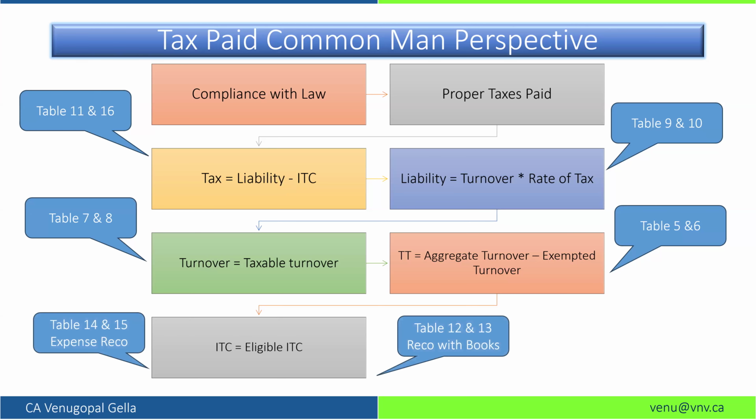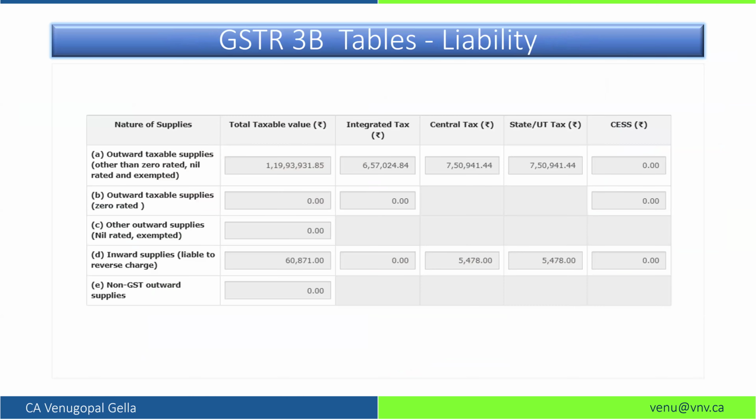For the ITC we do a two-way reconciliation, one with the books in table 12 and 13 and one expense-wise in table 14. Difference is explained in table 15. Overall, any tax liability, if it needs to be paid, we disclose in part 5. Right? This is how 9C is prepared.